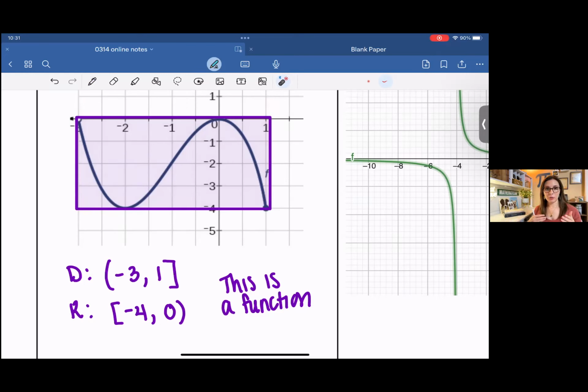And then at -3, we have an open circle, so that's parentheses. And then at 1, we have a closed circle, so that's bracket. Then the Y values start with the smaller number, start at -4, and end at 0, with a bracket on -4 and a parentheses at 0.